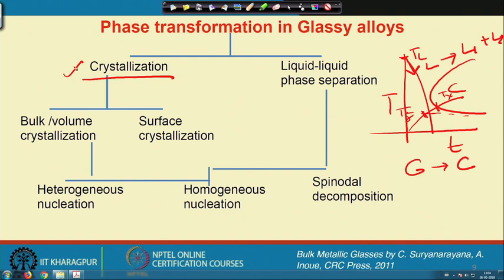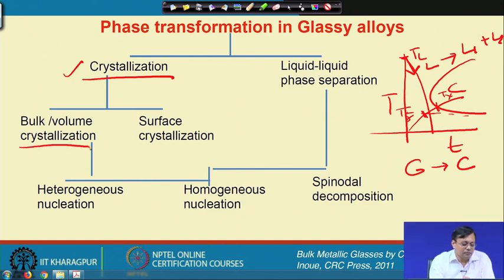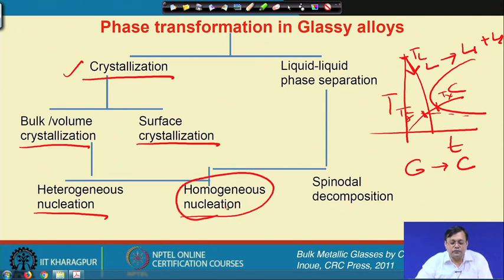So, in a glass forming melt or glass forming alloy, this kind of phase transformation is possible. Crystallization may occur in a bulk volume or on a surface. When it occurs inside a bulk volume, we can think about heterogeneous nucleation or homogeneous nucleation.